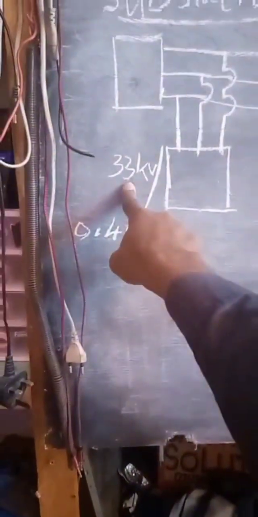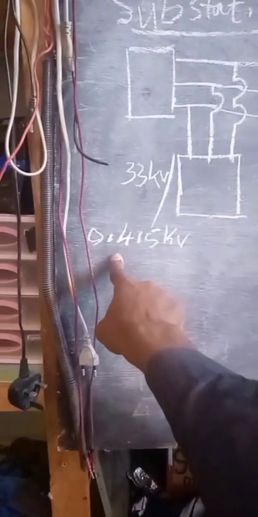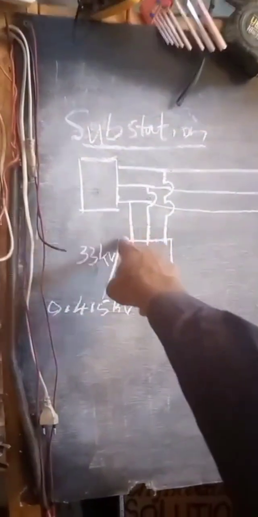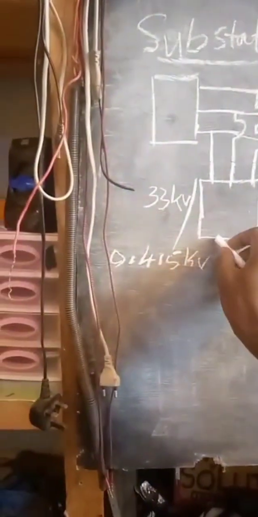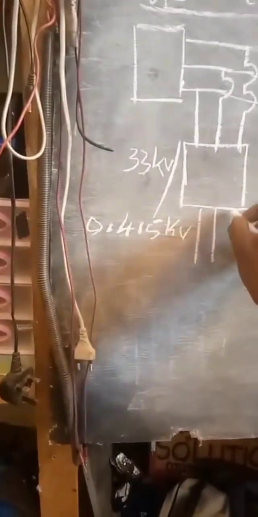So this 33 kV and this 0.415 kV means the input on the primary side is 33 kV, but here on the secondary we have 415 volts and it has a neutral.